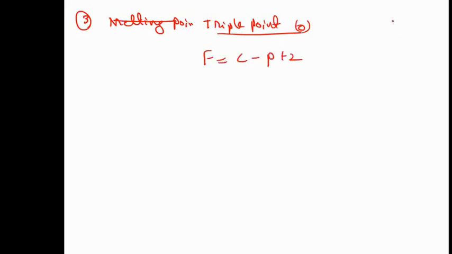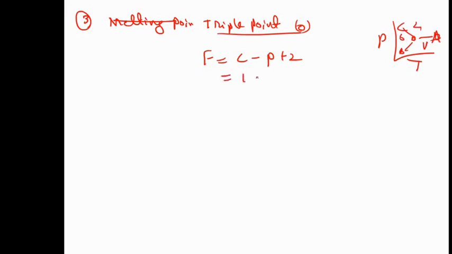Now for the triple point, F is 0. At the triple point, the degree of freedom is C minus P plus 2, since we are considering temperature and pressure. At this triple point, solid, liquid and vapor all meet.